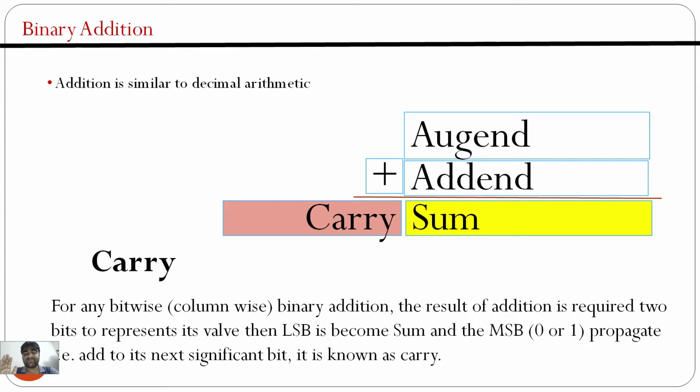This LSB bit is the sum and the MSB is the carry for a particular column-wise operation, because addition is nothing but a bit-wise operation. It will be clear in our example.